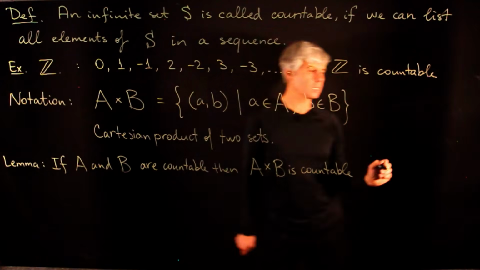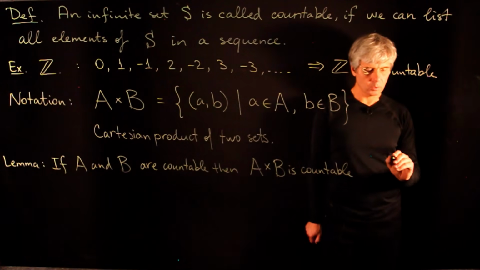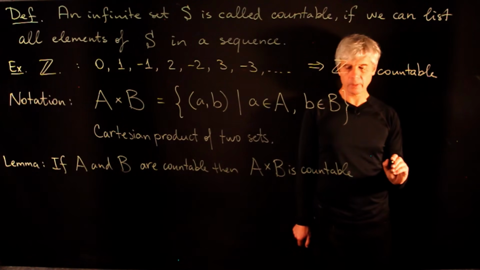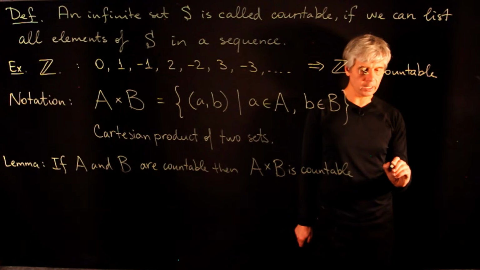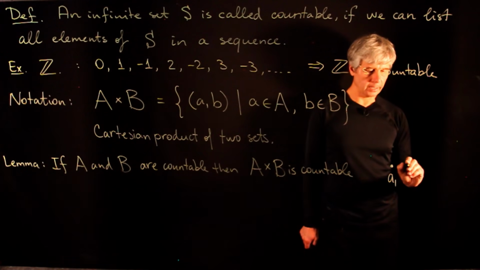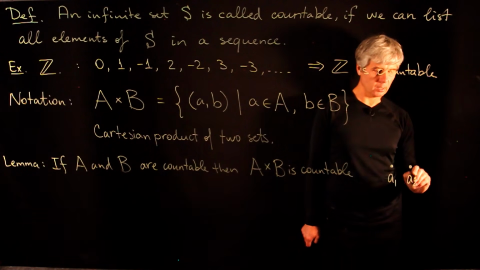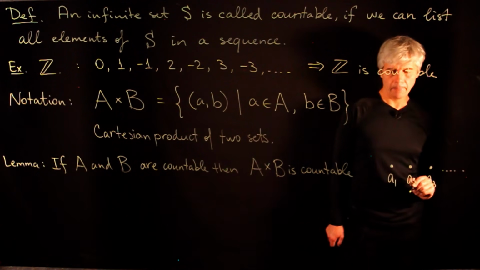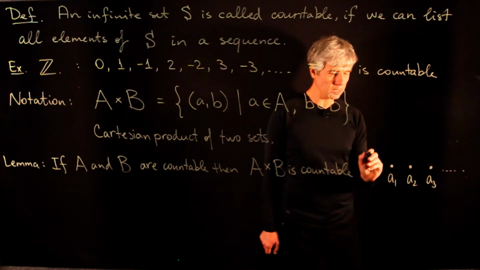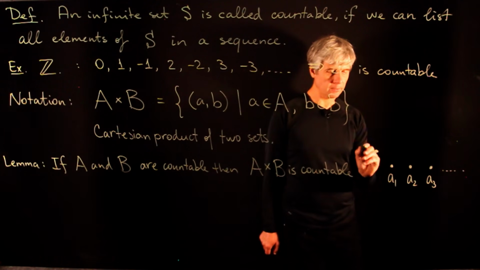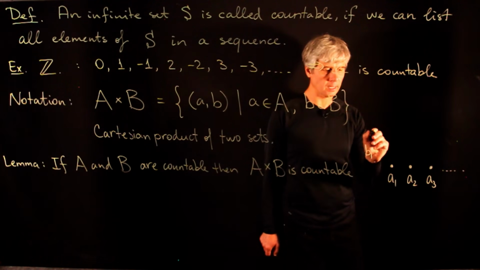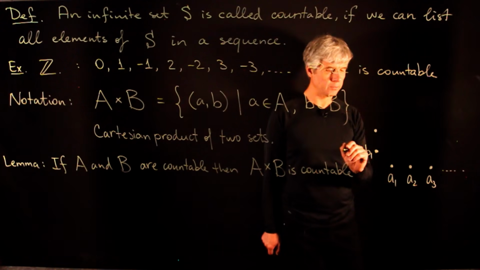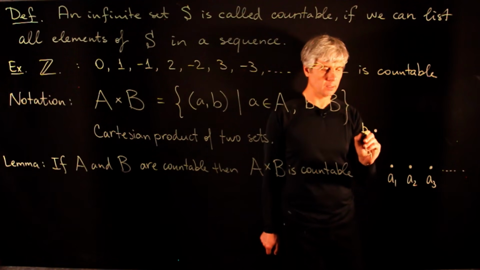So let's give the sketch of a proof. If the set A is countable, then we can arrange it in a sequence a1, a2, a3, and so on. If the set B is countable, then we can have a sequence exhausting all elements of this set.